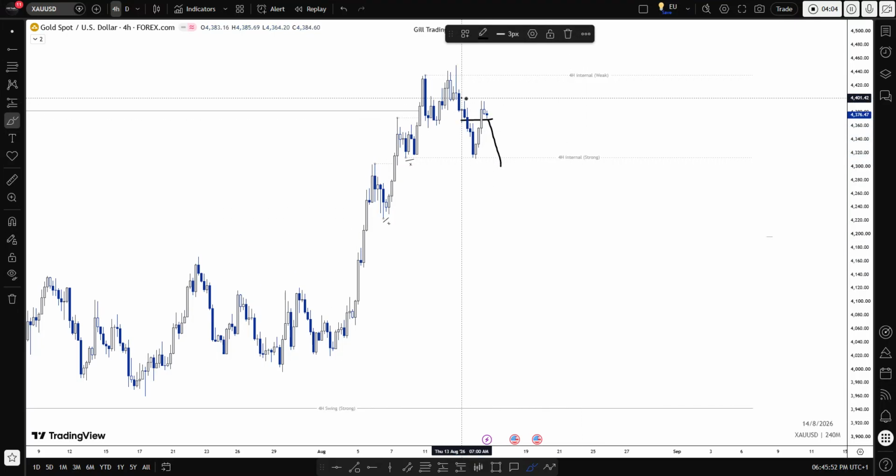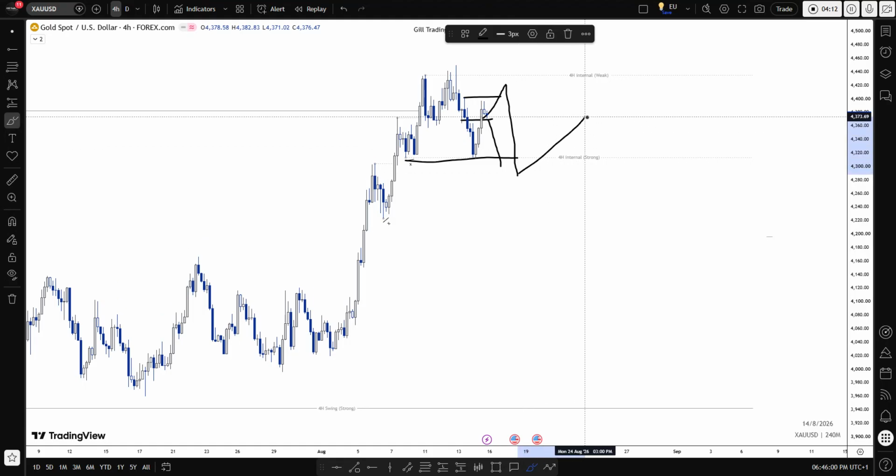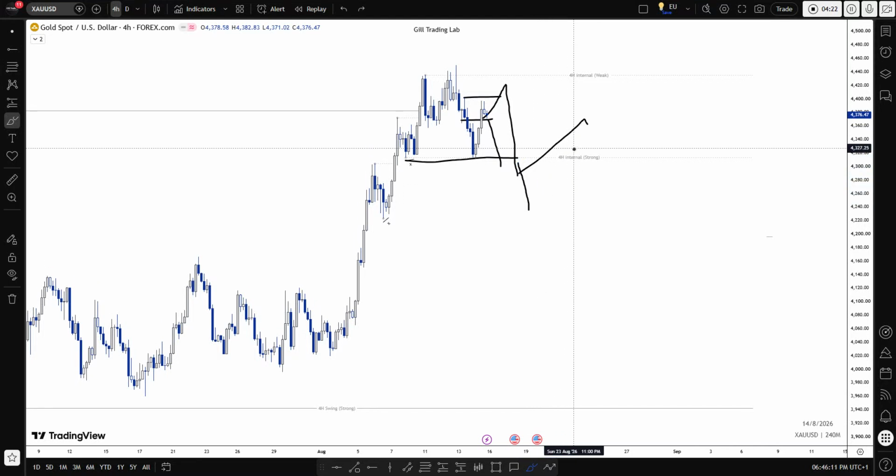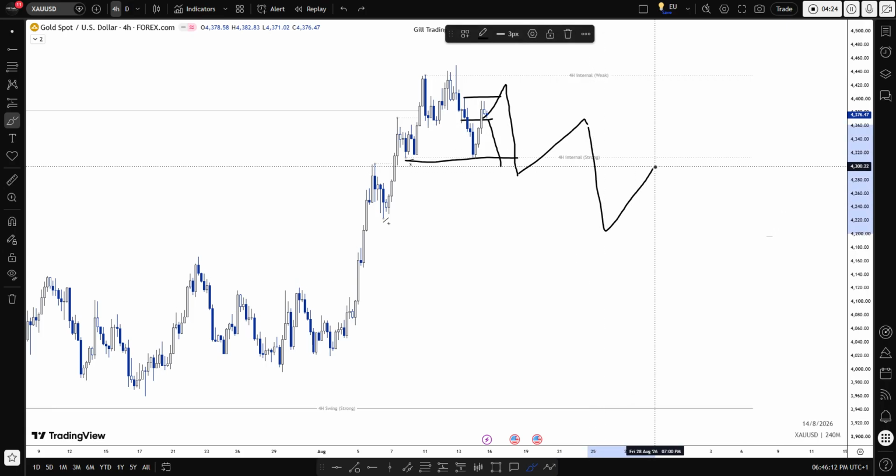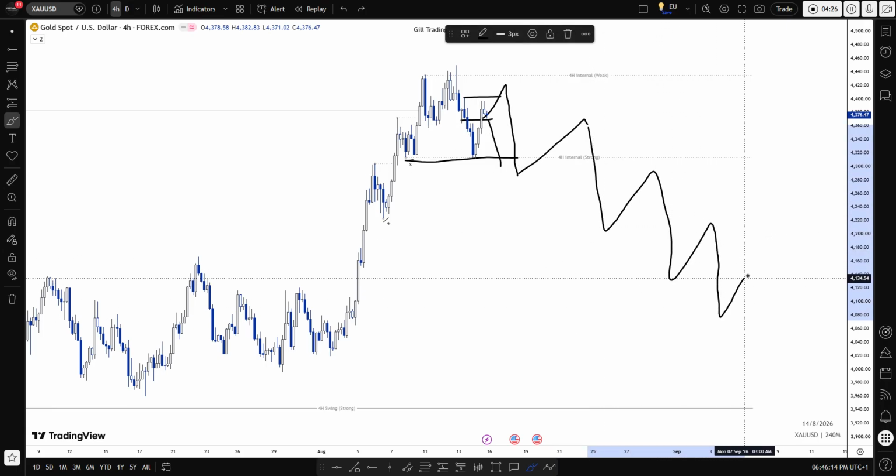This PBL could hold, or maybe it can get swept, followed by internal to shift bearish, and then after the internal break of structure, we could see either continuation of the internal leg or a pullback, so we can get that deep 4-hour swing pullback, which is also the daily internal pullback.